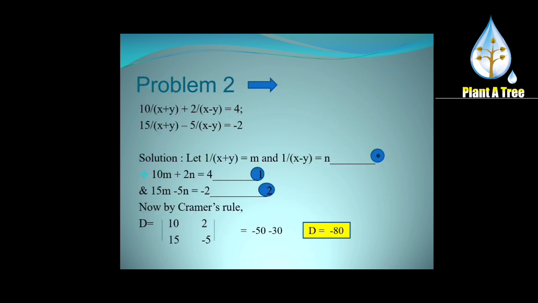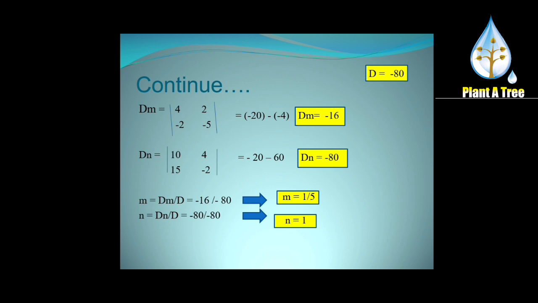For m we take the constants 4 and minus 2, and on the n side the coefficients of n are 2 and minus 5. Therefore the product is minus 20 minus minus 4, that is equal to minus 16.